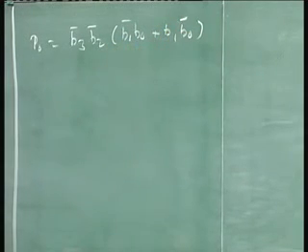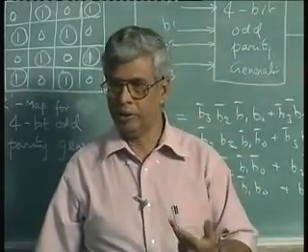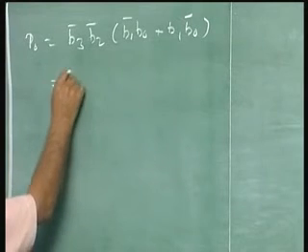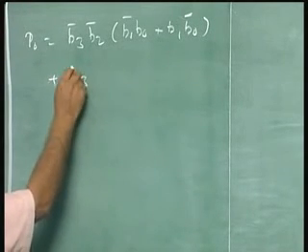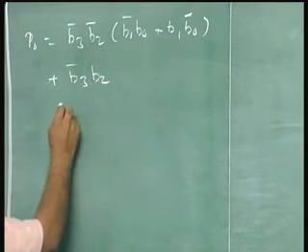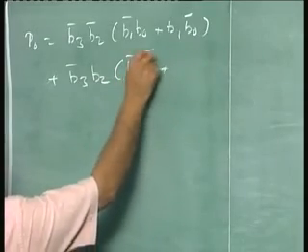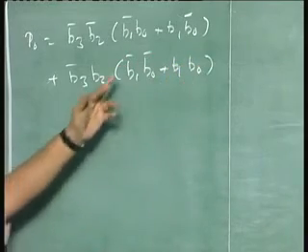You know that B1 bar, B0 plus B1, B0 bar is exclusive OR, B1 XOR B0. Likewise, you can say this, B3 bar, B2, B1 bar, B0, and this is exclusive NOR.